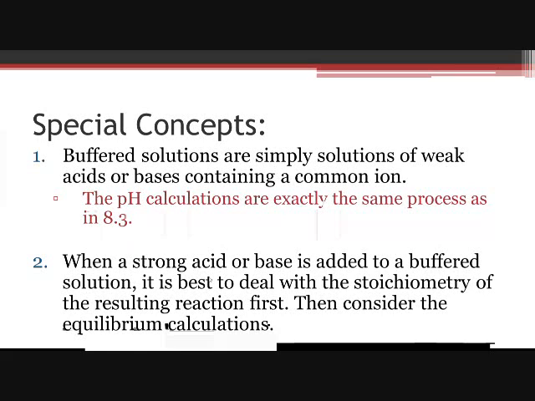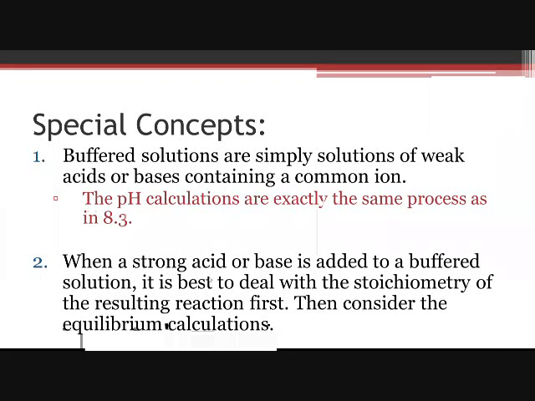And two, when a strong acid or base is added to a buffered solution, it is best to deal with the stoichiometry of the resulting reaction first. So you know how we do the before, reaction, after to use up the limiting reactant. And then with those new concentrations, consider the equilibrium calculations.